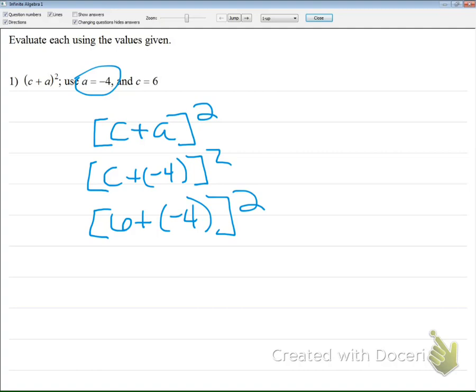Okay. So that's what our problem looks like when we start to use the order of operations. You can clearly see that this is 6 plus a -4 now. So ask yourself, same signs or opposite signs? They're opposite, so you have to subtract. 6 minus 4 is 2. This is inside of our brackets here. So we did everything inside the brackets, but we got this 2 up in the air.